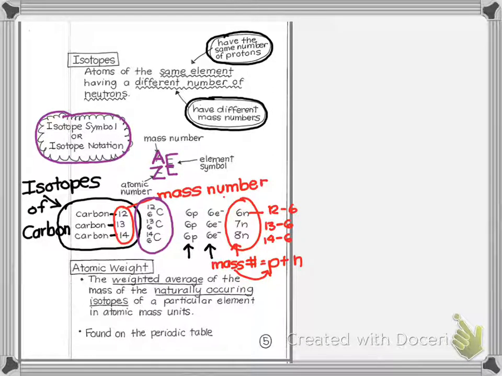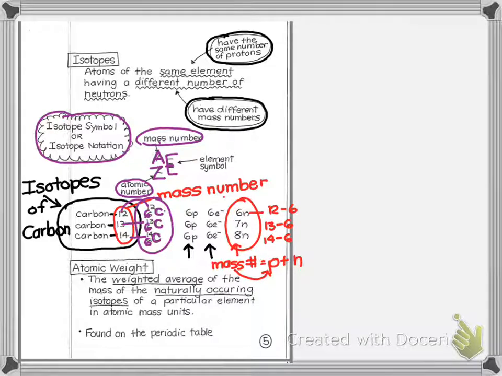All of these are carbons, so you notice they all have C. Since they're carbon, the lower number is the atomic number. They're all element 6, so they put the 6 here. And then the mass number is the superscript, so there's a 12, a 13, and a 14.